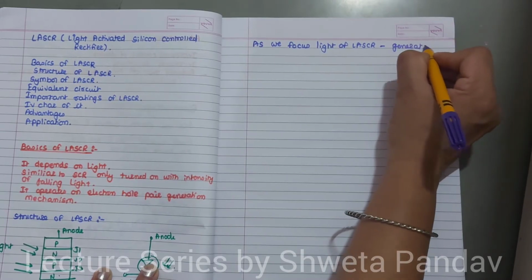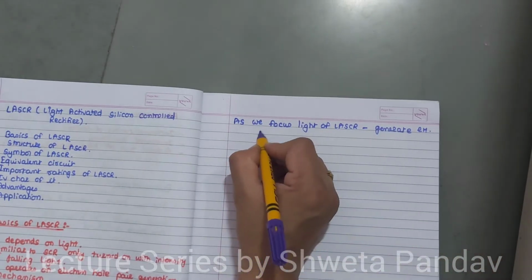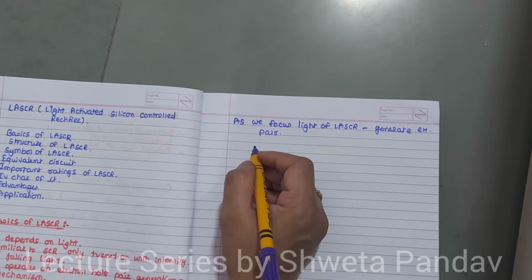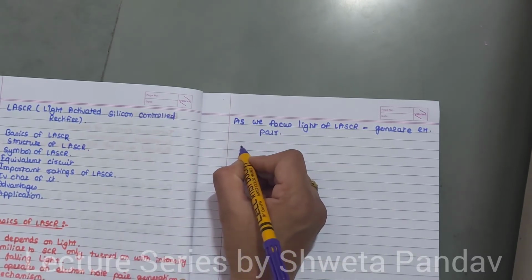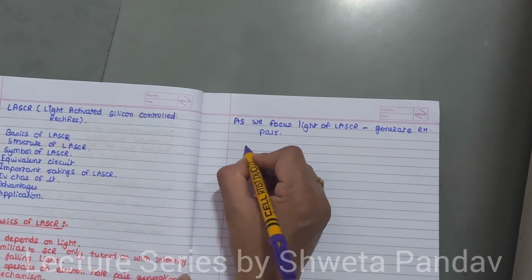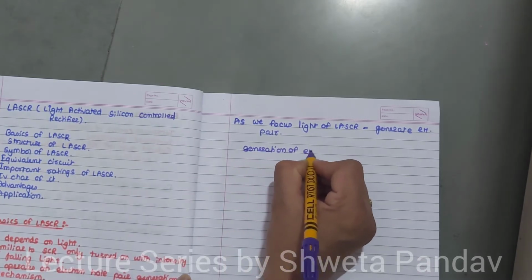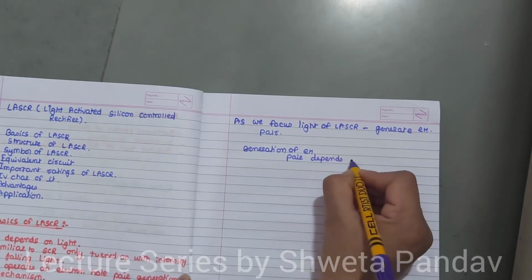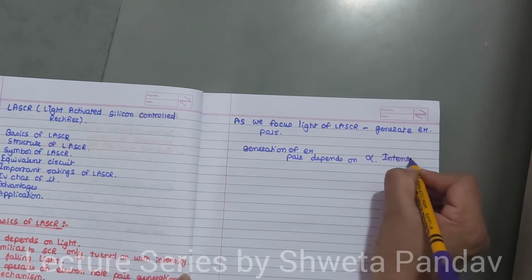Electron hole pairs. The generation of electron hole pairs will be directly proportional to what? Intensity of light. The generation of electron hole pairs depends on, or is directly proportional to, the intensity of light.